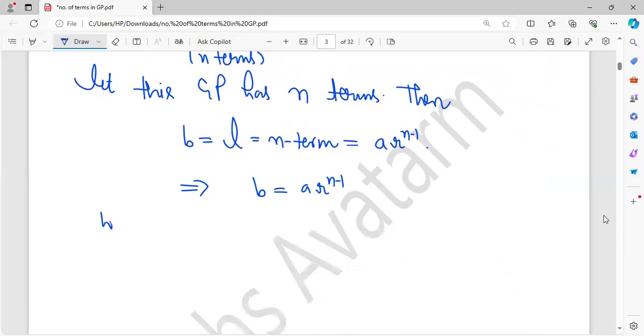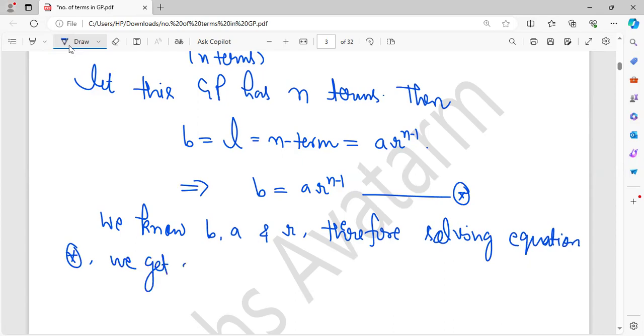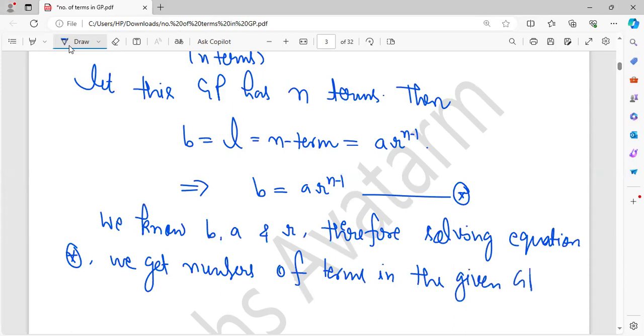So we know B, A and R. Therefore, solving equation star, we get the number of terms in the given GP. It will be clear by example.